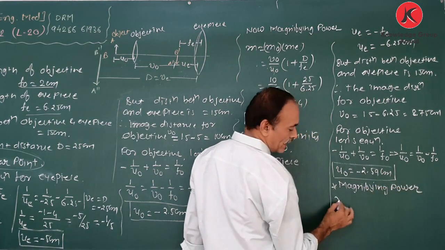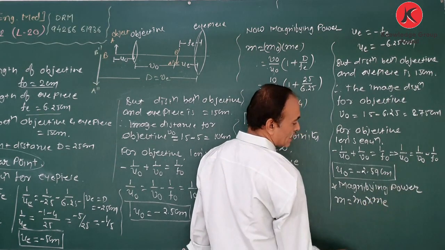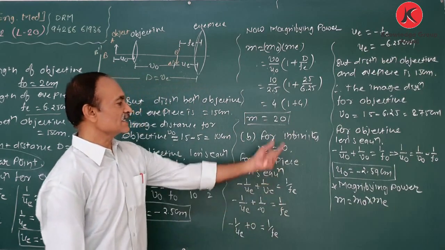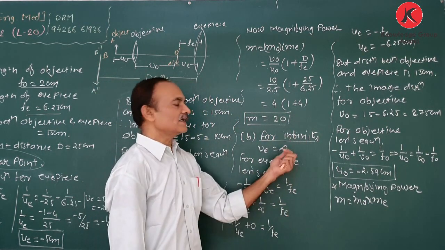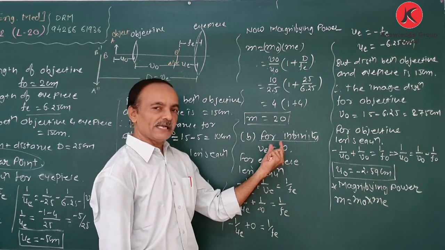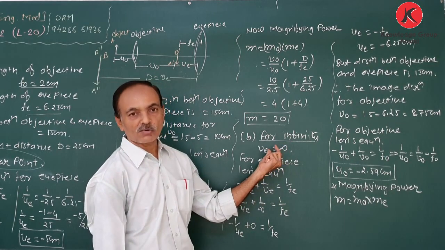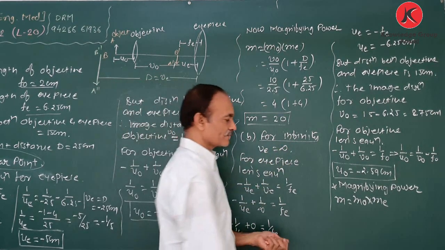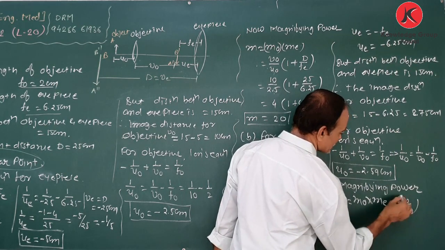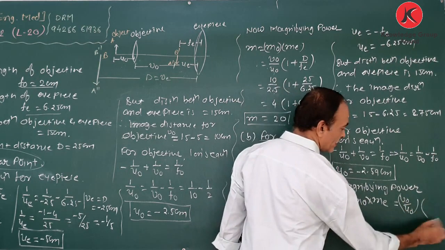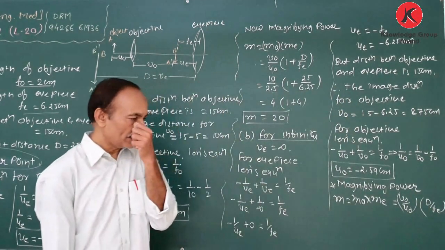And magnifying power M is equal to M0 into ME. Now listen, here we are discussing the second case, for infinity. If the image is formed at infinite distance, in a simple microscope the magnification is only D upon FE. Therefore, V0 upon U0, the magnification of objective, into D upon FE.